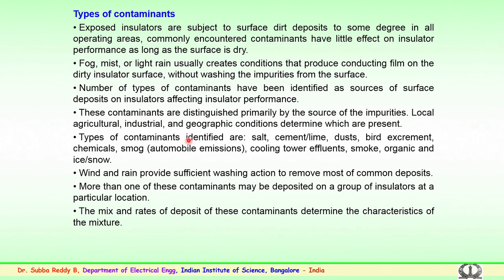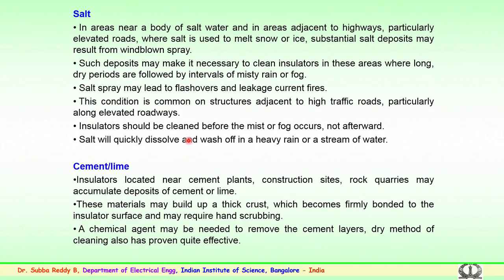So, various pollutants and contaminants which are identified are to be removed or cleaned at regular intervals from the surface of the insulators. So, we will look into the importance of the cleaning and how it is to be done.